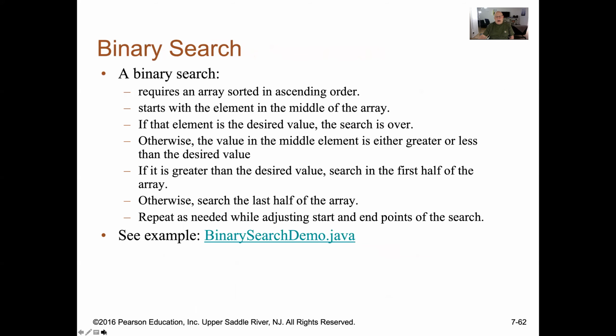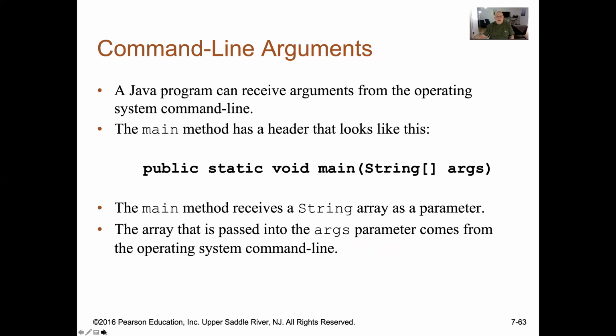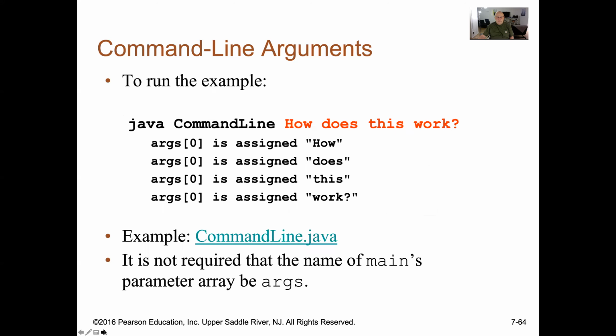This just talks about a binary search with Java. This is a command line argument. A Java program can receive arguments from the operating system command line. This is an example of a command line argument and how you run it.